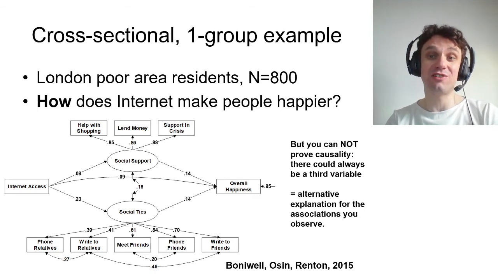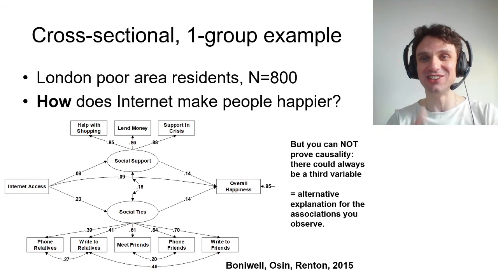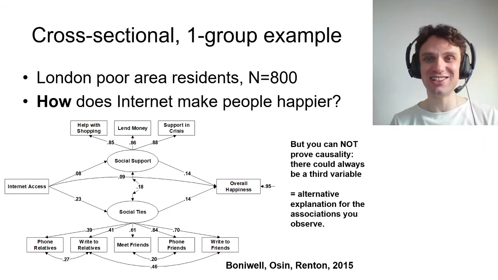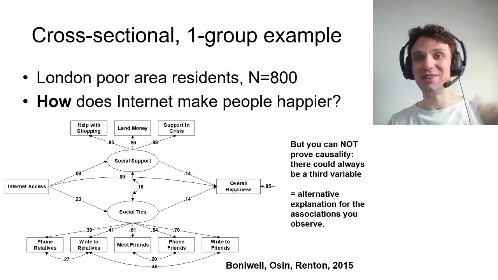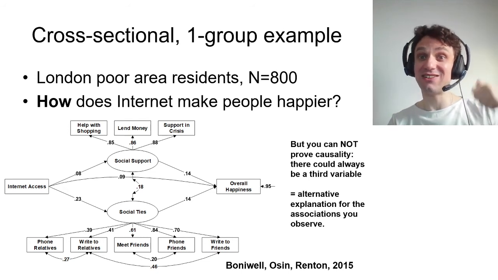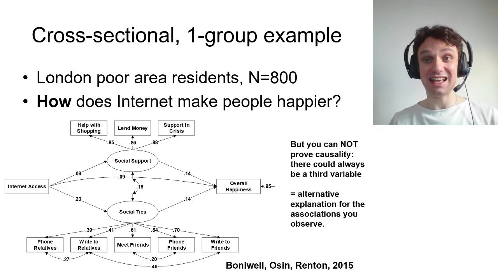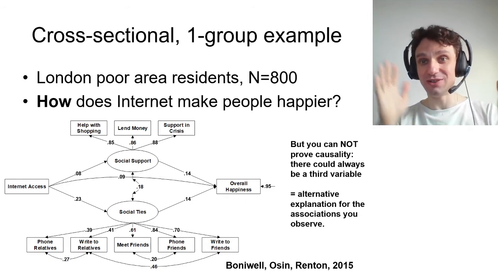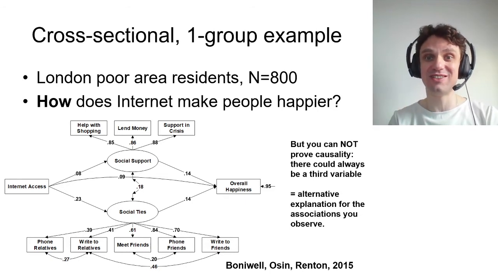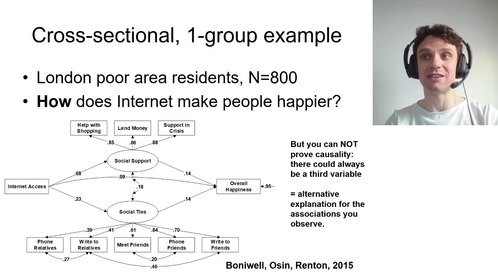So if you really want to publish a good paper, it's better to put together several studies. If one of them is cross-sectional, correlational, maybe another one should be longitudinal, or a 3rd one should be experimental. And if you show that you have the same effect in all those 3 studies, that would be much stronger as evidence.